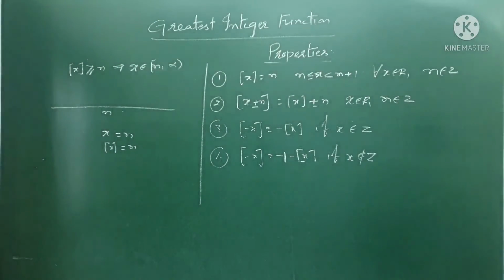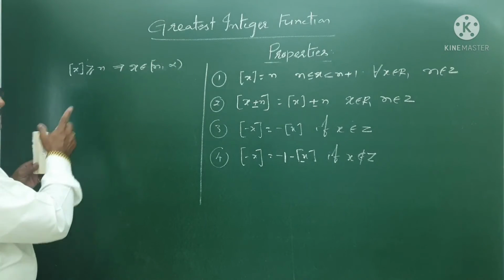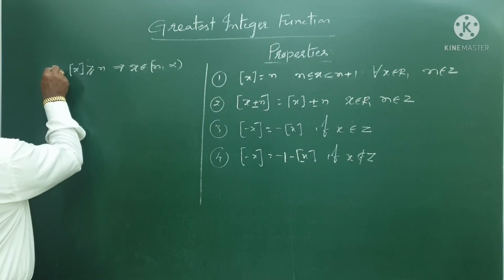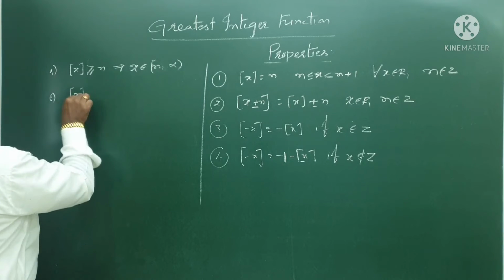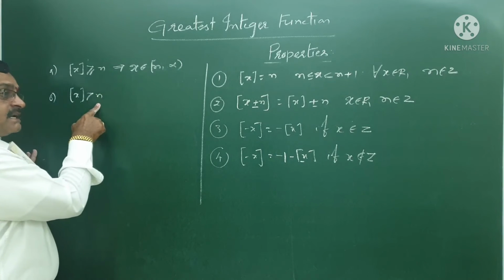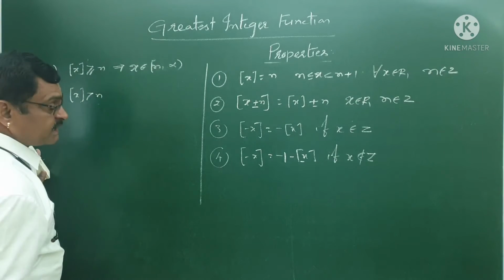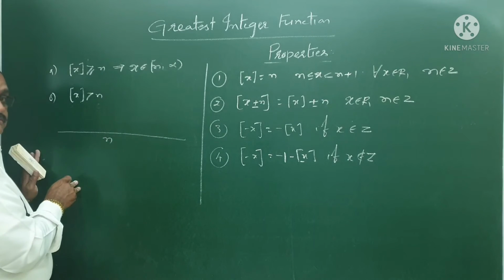That is one. Next one, very important concept. This is the sixth one: integral part of x is just more than n, n is integer. Suppose my n is here.